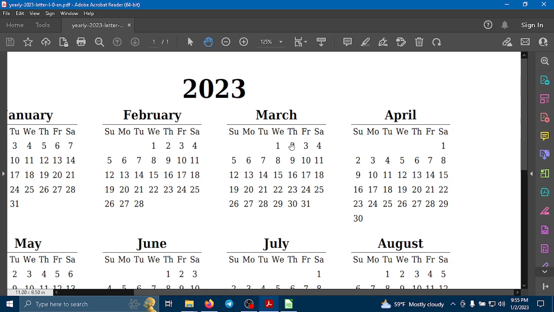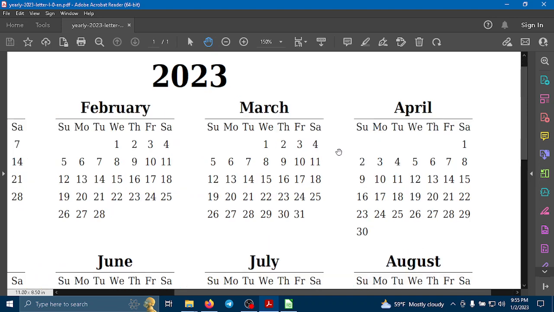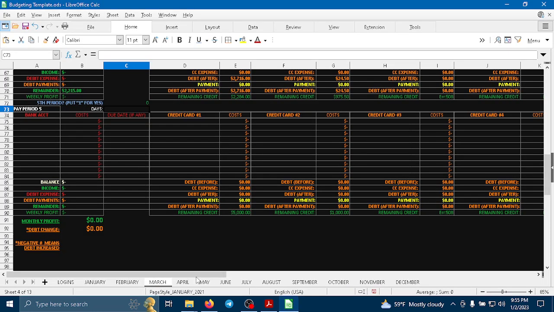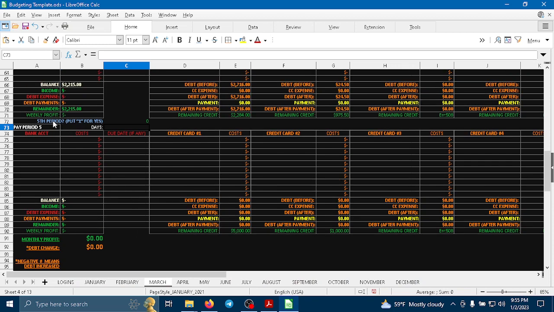And that is why it's optional, because let's say you're a different person, you're paid at a different time. Let's say you're paid every, I don't know, Saturday, for example. So if you're paid every Saturday, that means on March you're only going to be paid 4 times in March. So March, you would have this fifth pay period turned off. It would be 0.